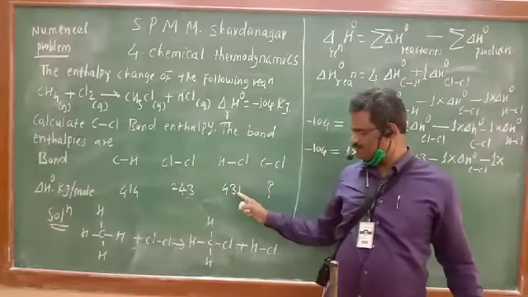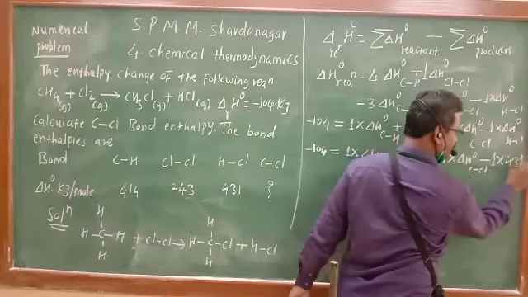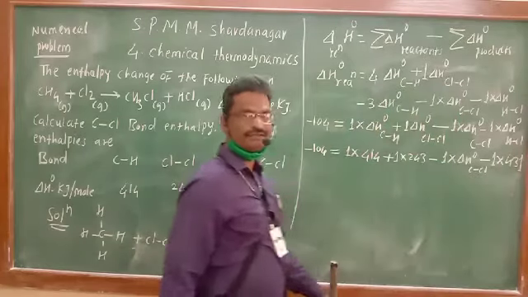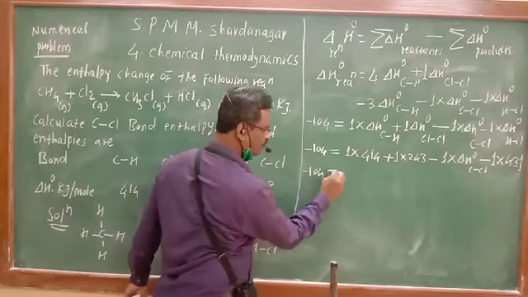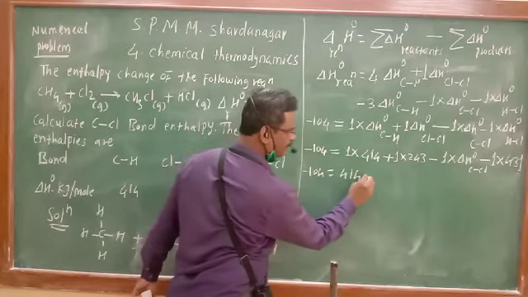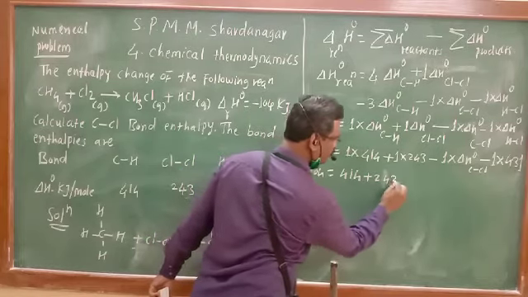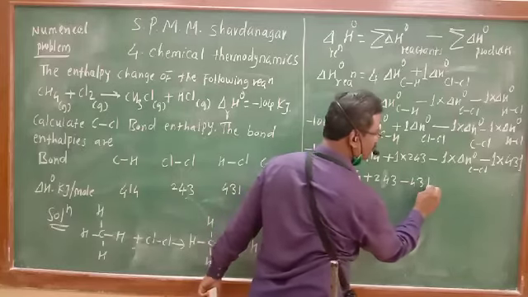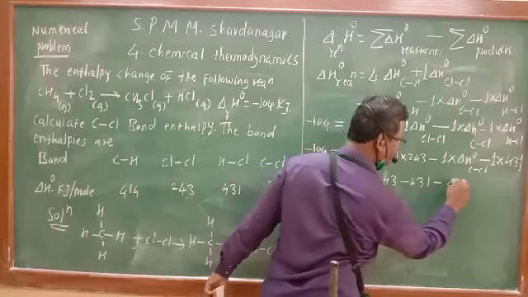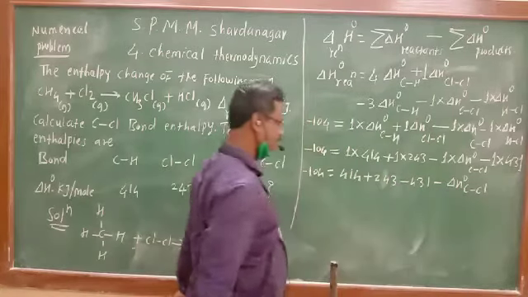The value of HCl is 431. Now we can simply calculate the answer. Minus 104 is equal to 414 plus 243 minus 431 minus delta H naught of CCl.